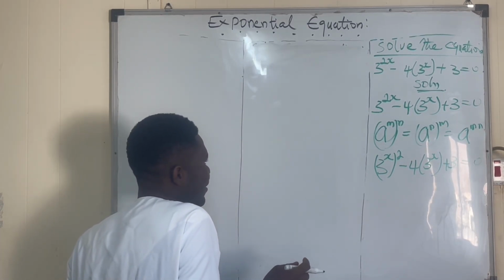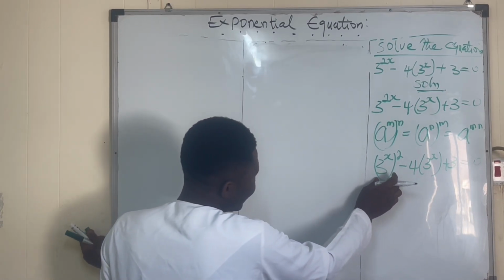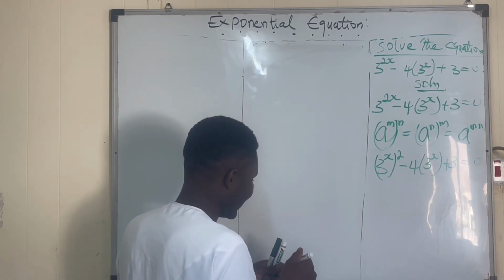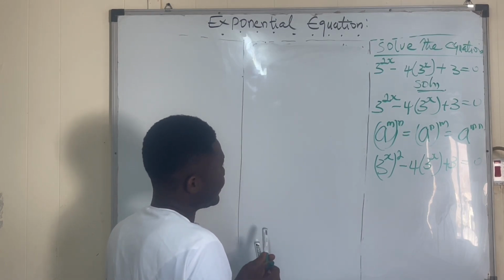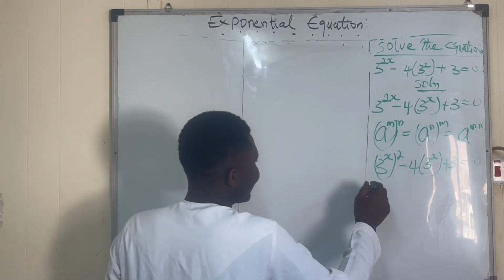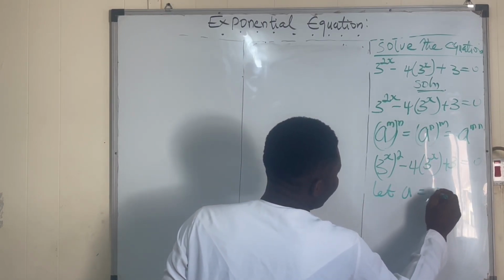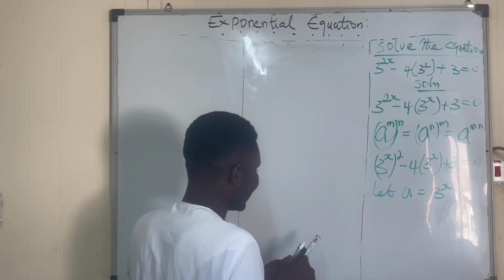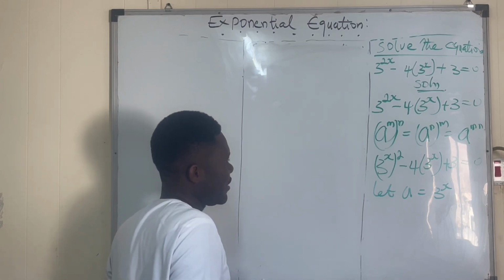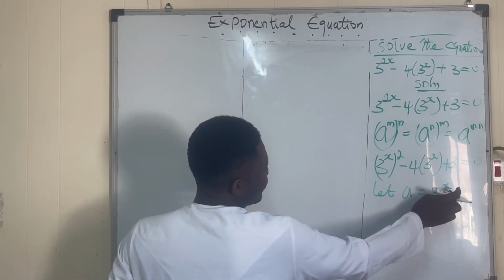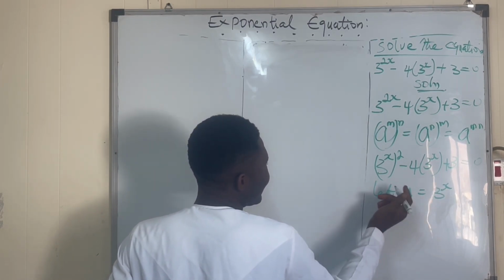You can find that what is inside this bracket is what is inside this bracket. So the next thing you need to do is to initiate a number. Let a be equal to 3 raised to the power of x, in the sense that any place you see 3 raised to the power of x, you replace it with a.